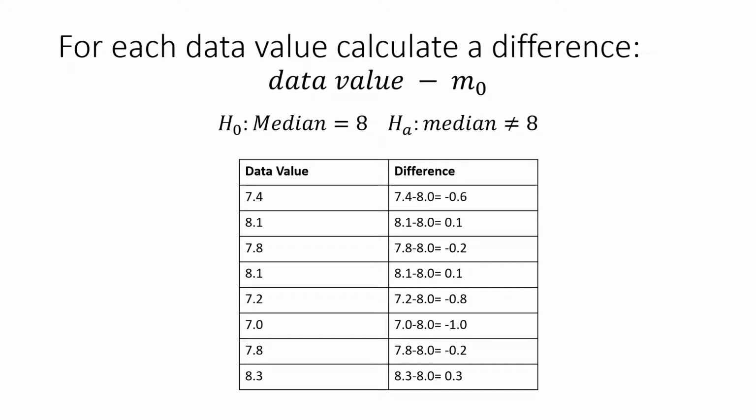Since our hypothesized median is 8, for each data value we subtract 8.0 and we find the difference. For instance, with the data value of 7.4, I subtract 8, I get a difference of negative 0.6. With the data value of 8.1, I subtract 8 and I get a value of positive 0.1, and so on.